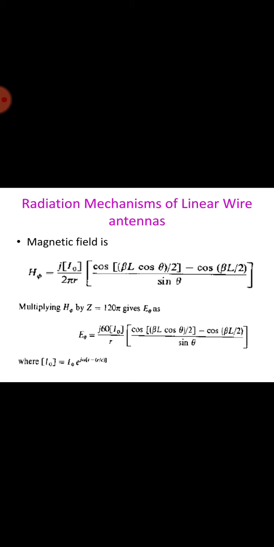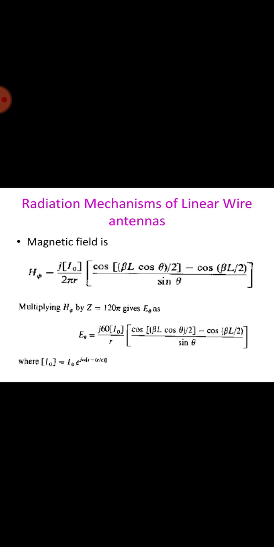The integrals are of the form e power ax into sine of c plus bx into dx. While integrating that, we get e power ax by a square plus b square into a sine of c plus bx minus b cos of c plus bx.